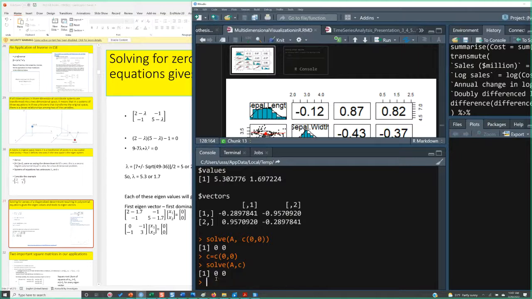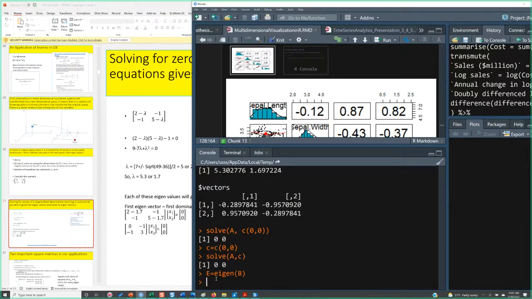Let me store that. E is equal to eigen B, and then A minus E dollar values, percent multiplication percent I, the identity matrix.